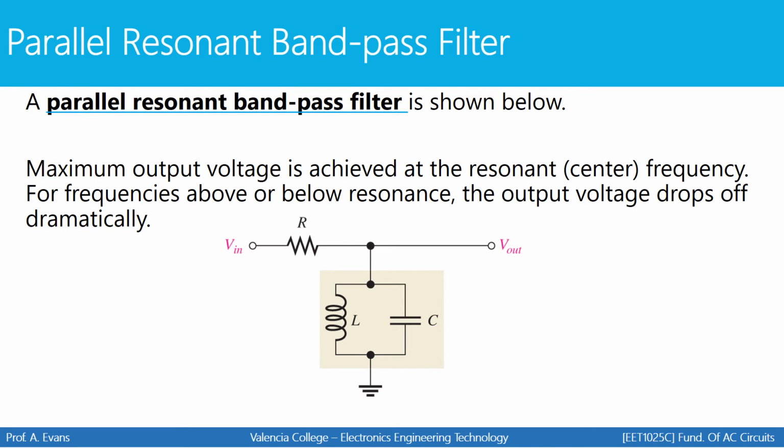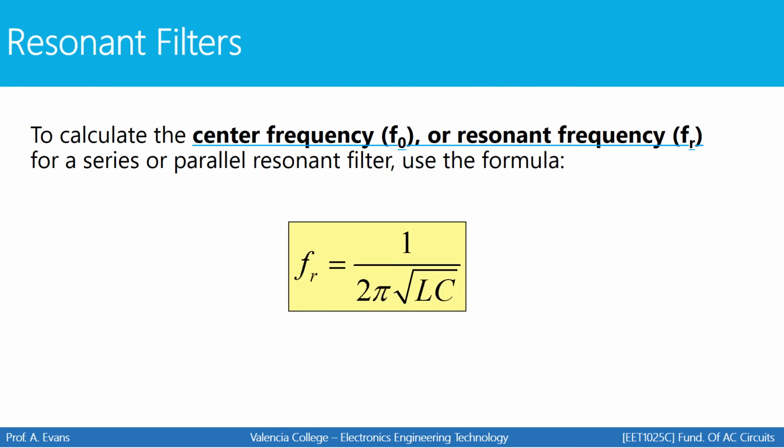We're going to have the maximum output voltage whenever the impedance of L and C are equal and opposite, and that occurs at the resonant frequency. Again, you'll have a response curve that looks similar to the one that I showed on the previous slide, where you'll see that as you go further away from the resonant frequency or the center frequency, the output voltage will drop off dramatically.